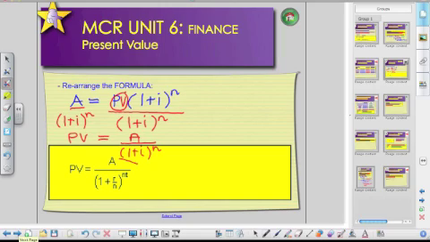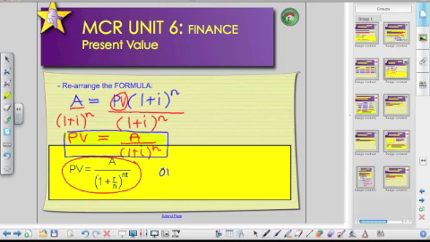Now this form of the formula incorporates the whole idea of compounding periods. It's a more complicated version, but for your unit guide I'd prefer you to use, and in your textbook I think it shows you, the simpler form of the formula, this form.